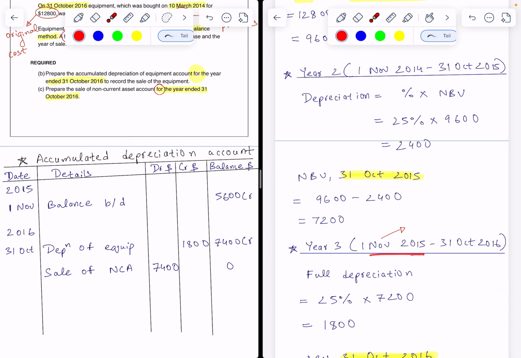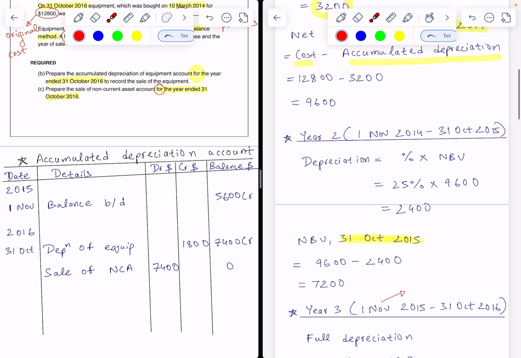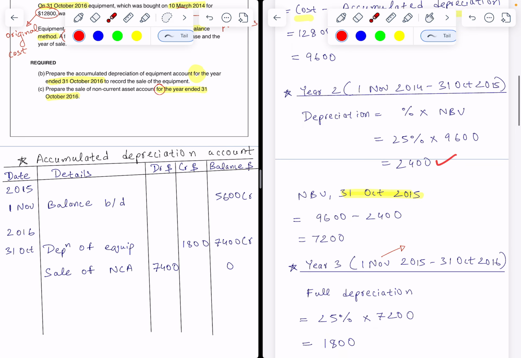So prior to that, we had 2 years, year 1 and 2. In year 1, we had a depreciation of $3,200. And in year 2, we had a depreciation of $2,400. So that means the accumulated depreciation at 1 November 2015, at the beginning of year 3, is basically the totals of year 1 and year 2.